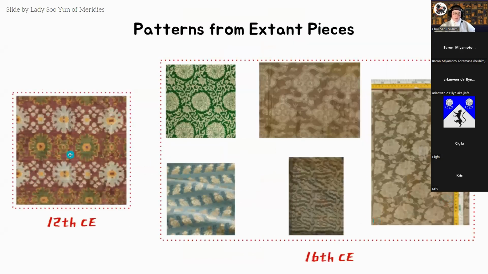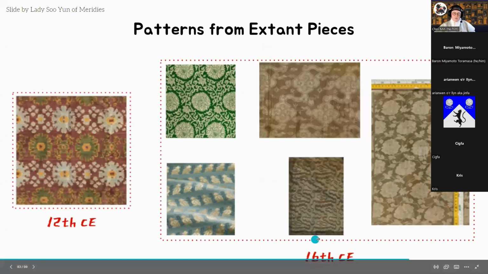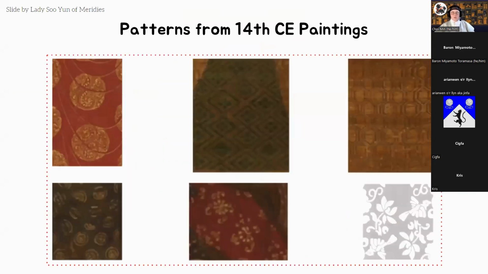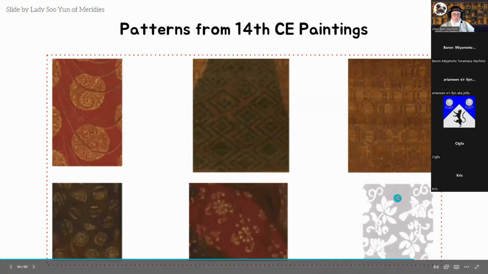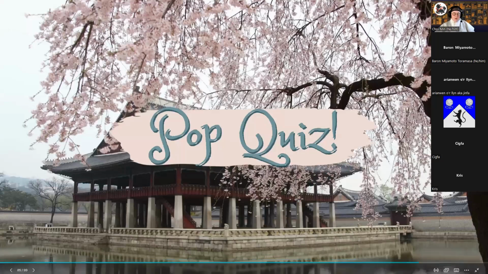Here's that Goryeo fabric again. Here's some options for Joseon fabric that's kind of later, but a lot of these motifs are pretty usable for those last few period centuries. Here we go. You can see some geometric patterns, some rondels, and floral patterns and stuff like that.